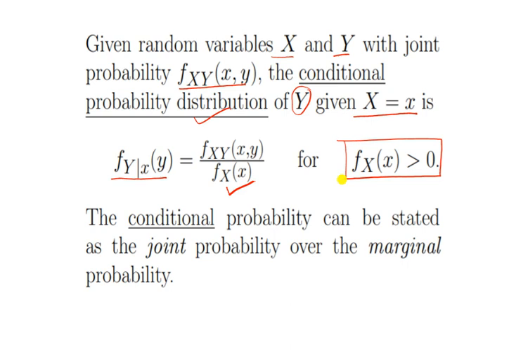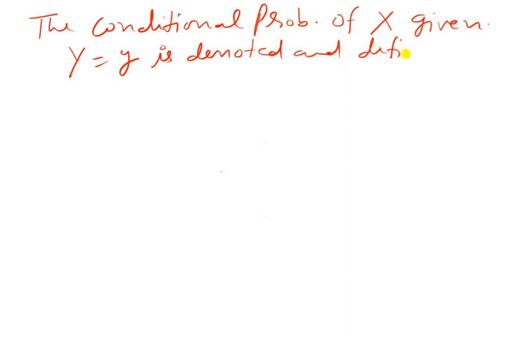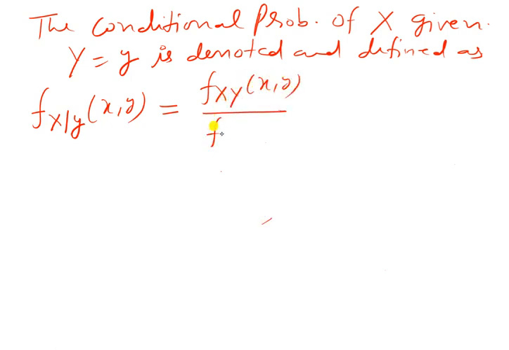Now, if we define the conditional probability of random variable X given capital Y is equal to small y, it is denoted and defined as f of X given Y is equal to y of x y is equal to f of x capital Y (x comma y) upon f of capital Y of y, provided that f of capital Y of small y is greater than 0.